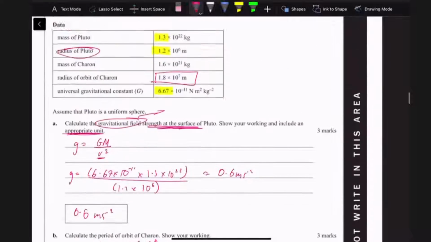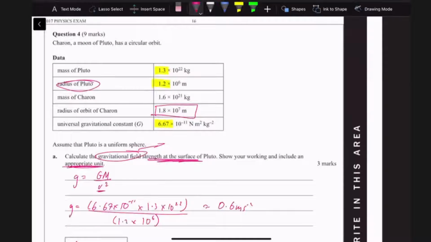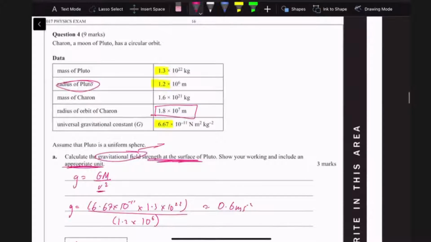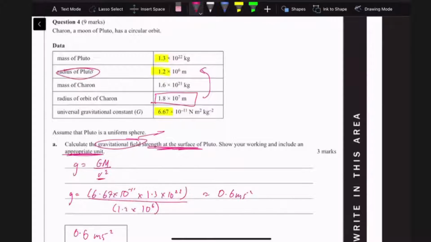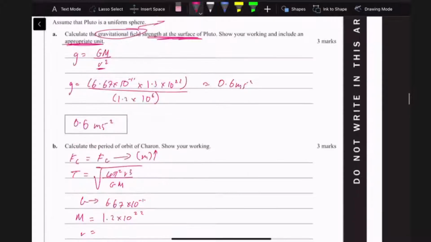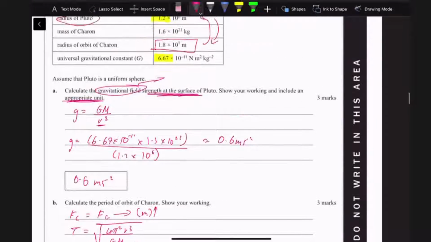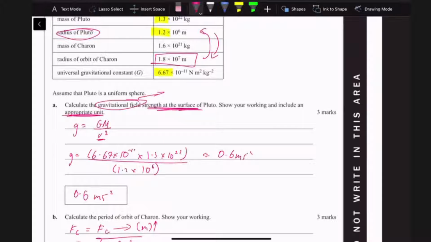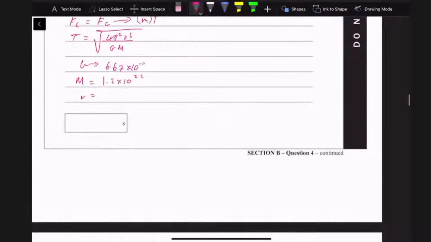So like if there was ever a question where this value was less than the radius, then you could safely assume that you have to add the radius onto this, because otherwise it would be impossible for the moon to be circularly orbiting inside the planet. So like hint, hint, if this value is less than this one, you have to add the radius together.